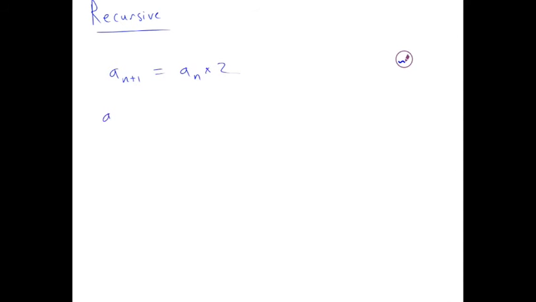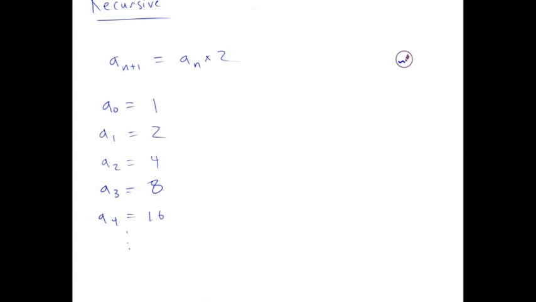So for the first term, a0 is 1. Then a1 is going to be 1 times 2. a2 is going to be a1 times 2, which is just 2 times 2. And then so on and so forth. And as you can see, this gives us an exponential type of growth.